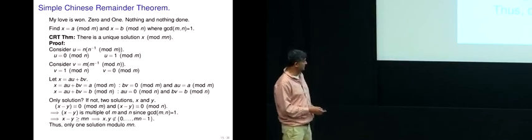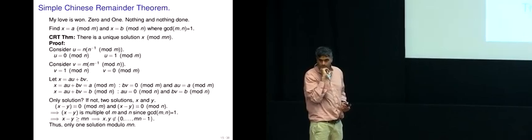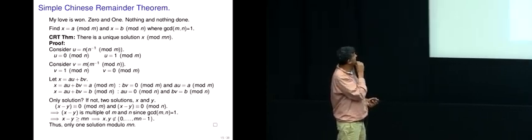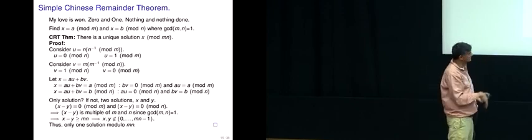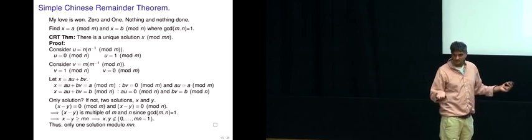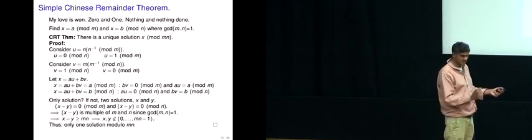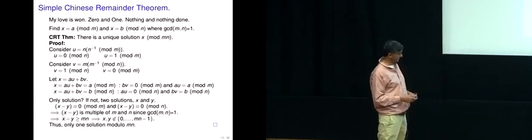It says there's only one solution to these two equations, mod m and mod n. You can do this for many equations, mod many primes, p1 through pk. That's the general CRT theorem. It's the same proof, except that the notation is a lot messier.